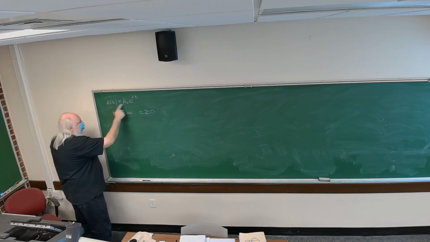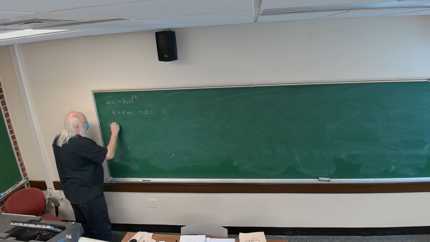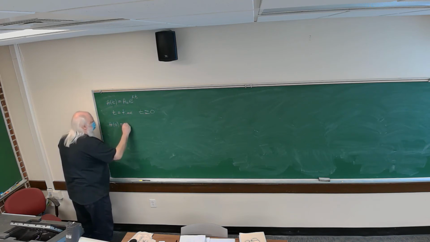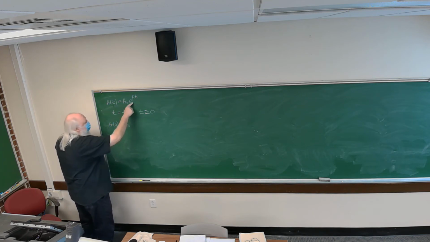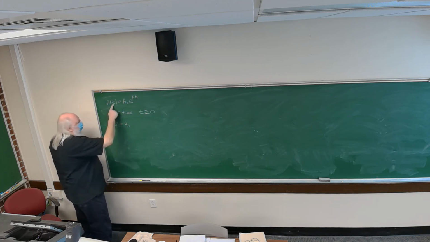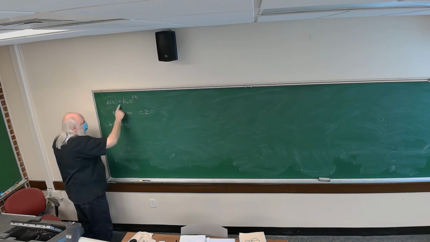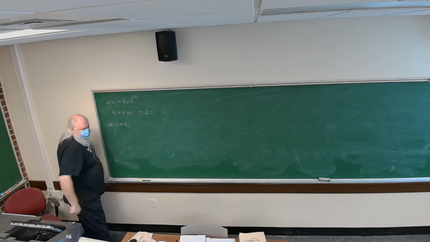If I evaluate this function at t equals 0, I have A of 0 is equal to A sub 0 times e to the k times 0. K times 0 is 0, and e to the 0 is 1. So when I put in 0 for t, the right-hand side just equals A sub 0.